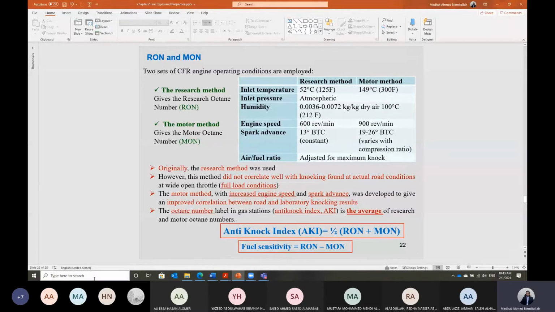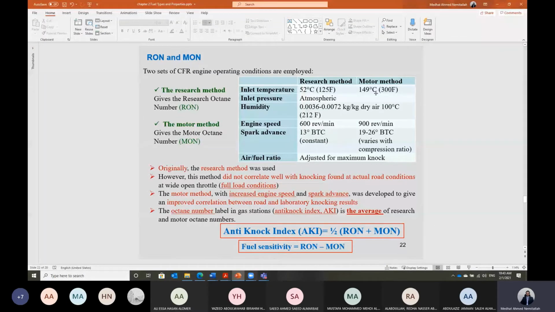So this means we have to have another test by which we can have a reduced octane number, or an octane number that is representing the real property of the fuel, that is not affected by the ambient condition.